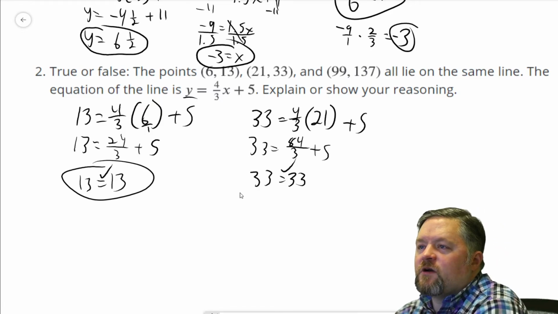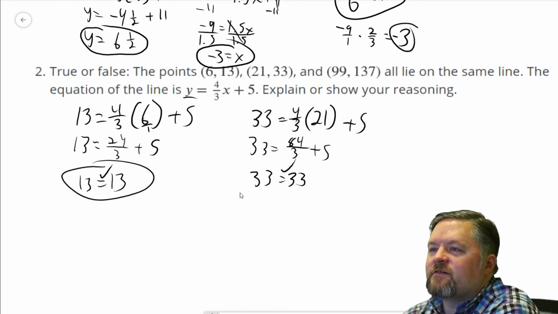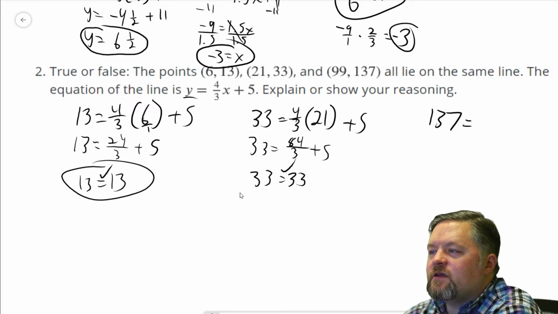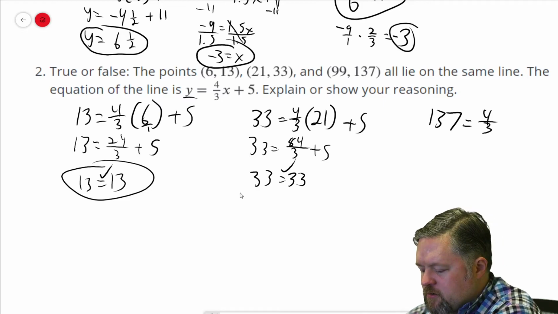One more. Ooh, I bet we're going to wind up using the calculator again. The y value of that is 137 equals 4/3.